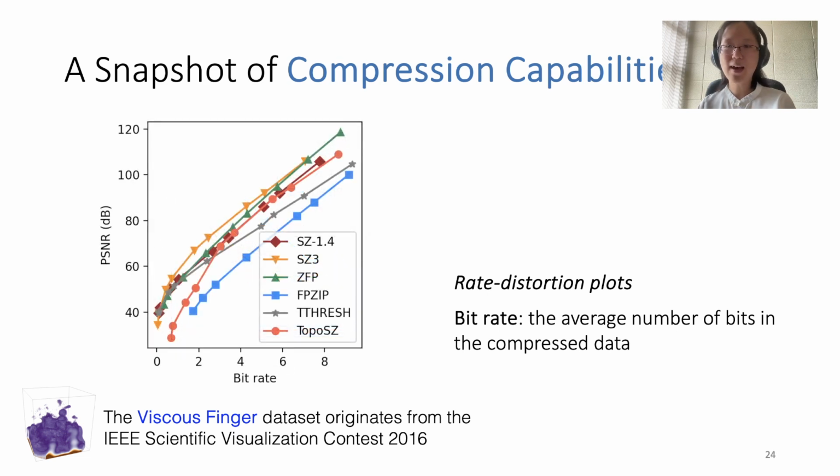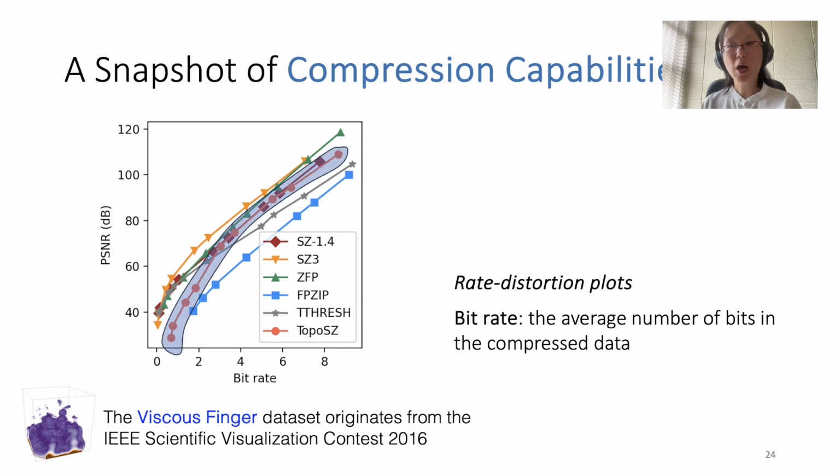Now we use PSNR as the distortion metric in the rate distortion plot. PSNR is the peak signal-to-noise ratio. A larger bit rate leads to less information loss and therefore a higher PSNR value. So we can see all curves have increasing trends in this plot. Under the same bit rate, a higher PSNR value represents a better compression quality.